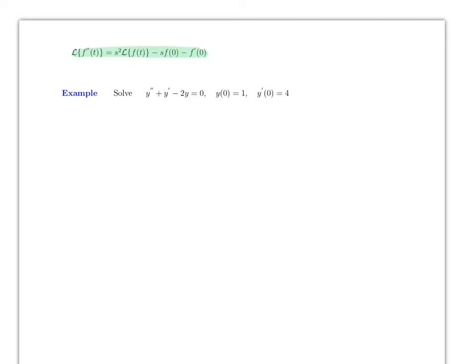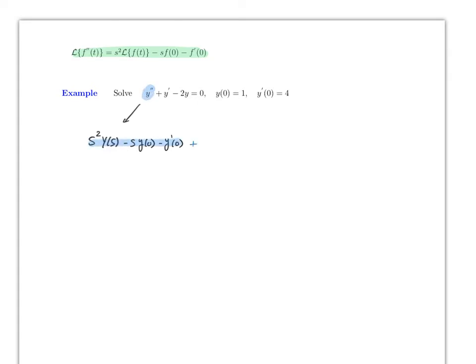We apply the Laplace transform on both sides. So for this one, we're gonna have s squared, the Laplace transform of y, minus s y of 0 minus y prime of 0. So this part gives you all of this.